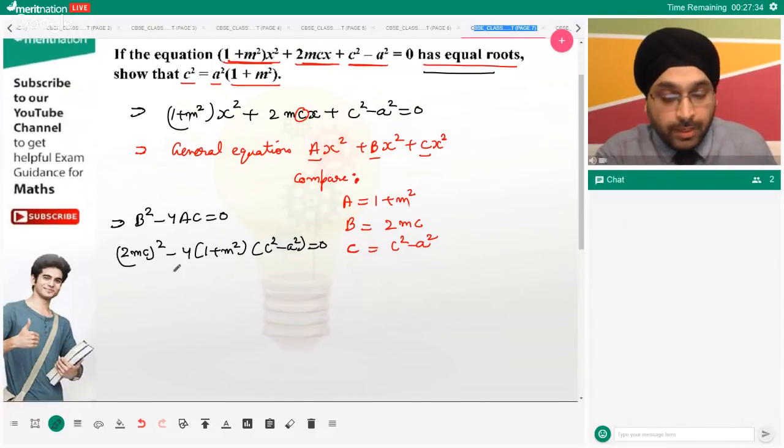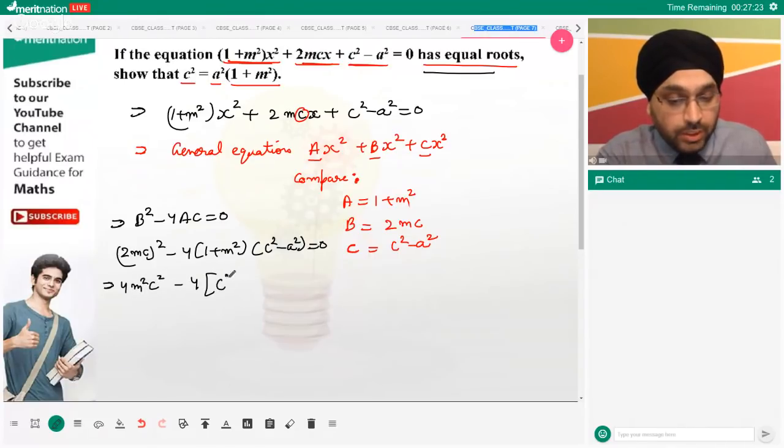That's the key. Now, guys, we just need to open the brackets, or multiply the brackets. So if you solve it further, this will come out to be 4 m square c square minus 4 into (c square minus a square plus m square into c square minus a square) equals 0.